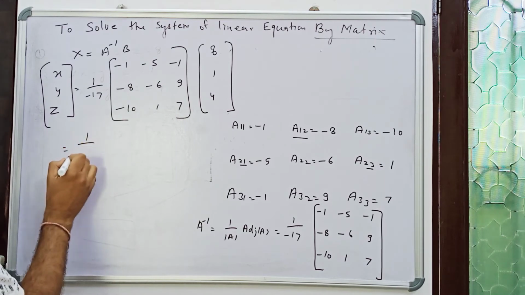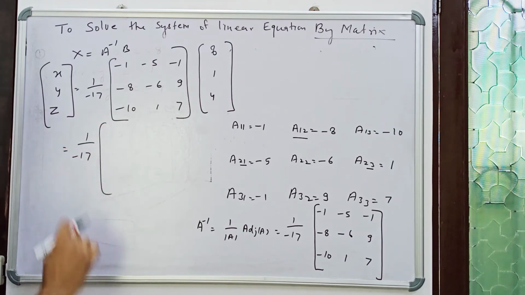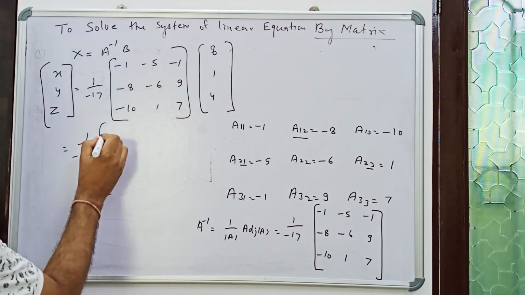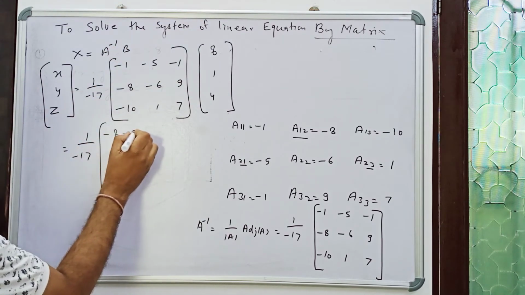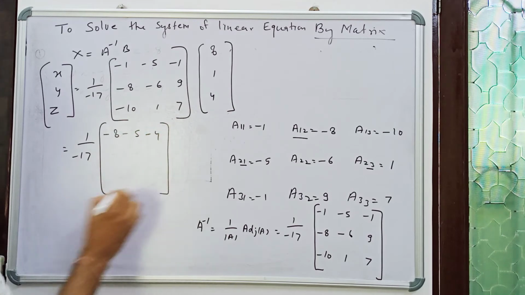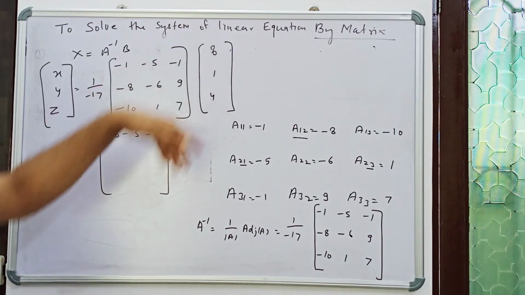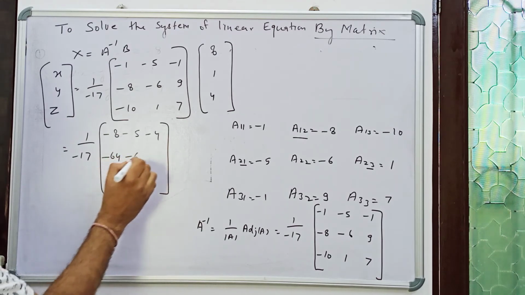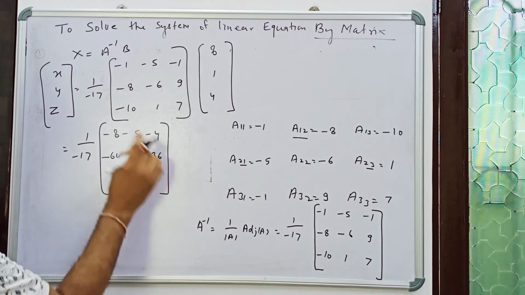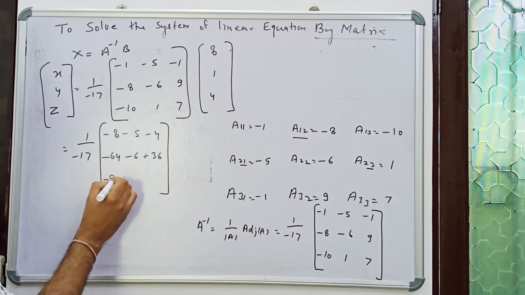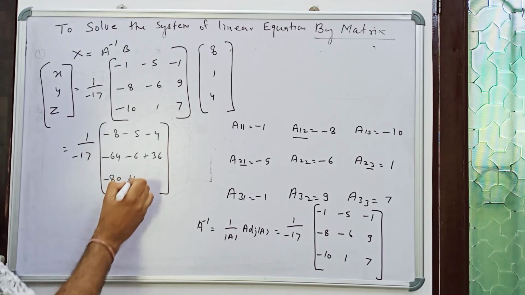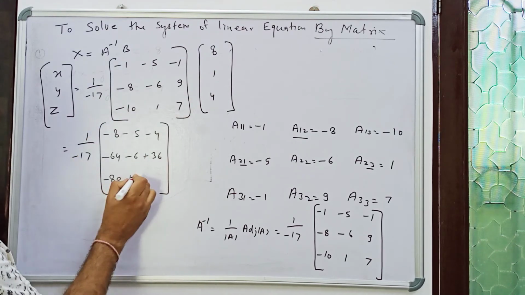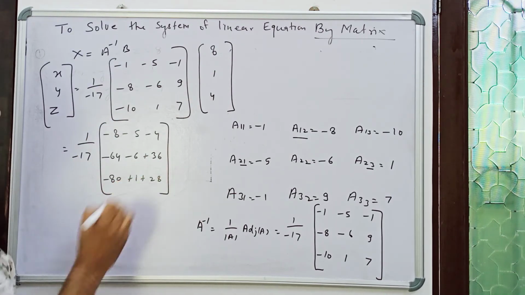So when you multiply, this will be as it is. Now the first row will multiply by the first column. So it is minus 8, minus 5, minus 4. The second row, minus 64, minus 6, plus 36. And the last one is minus 80, plus 1. This 10 will multiply this 1, plus 28. 7 4s are 28.